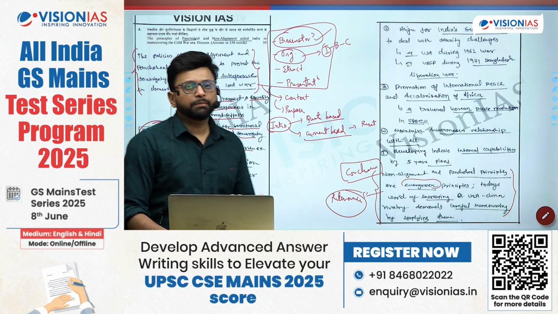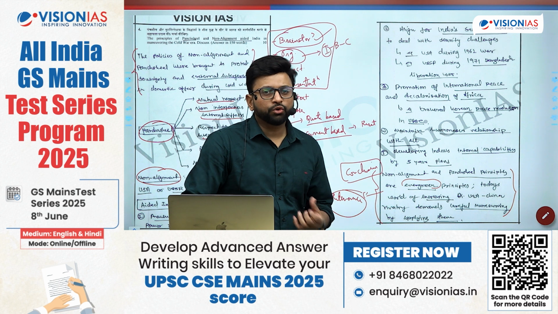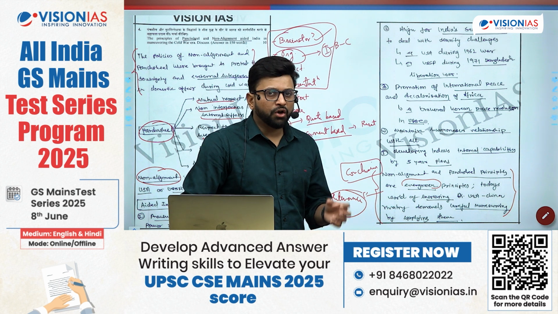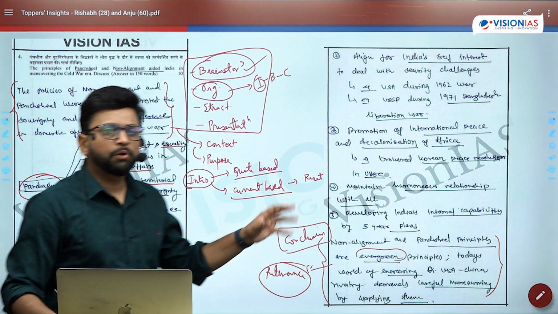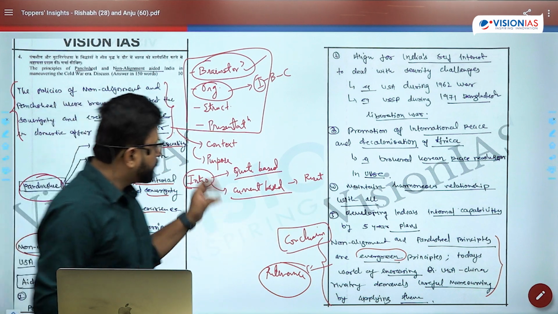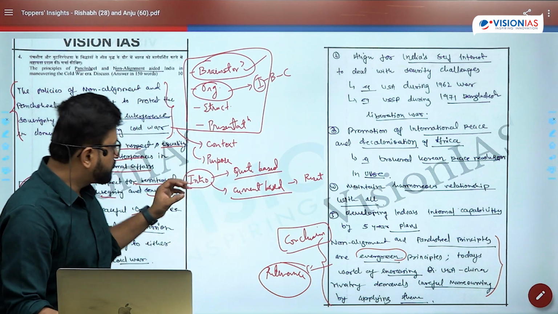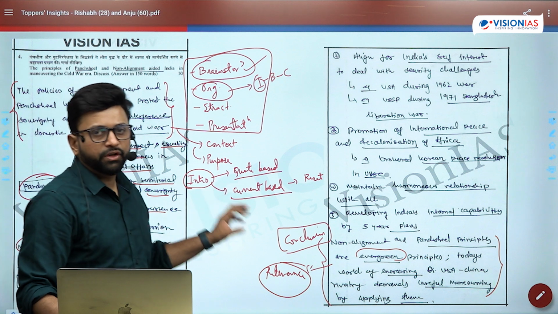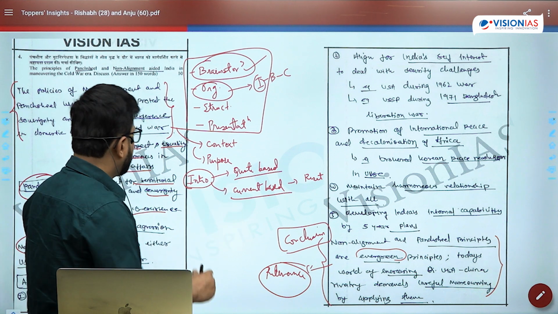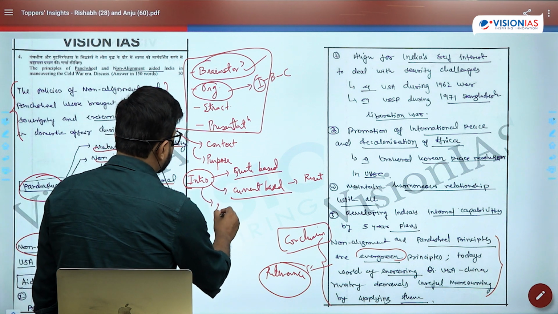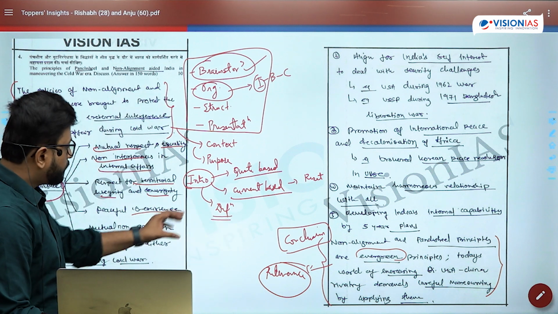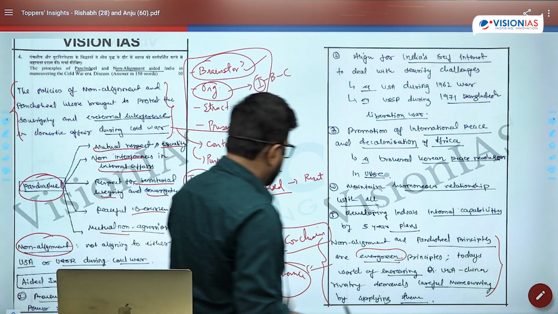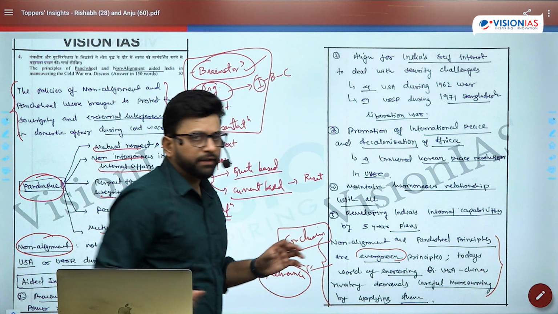Or maybe you can talk about the Bandung principles or the Bandung conference in 1955, of which it was the 70th anniversary, right? So the point is that you can use a quote-based introduction, you can start with a current affairs-based introduction, or maybe you can also start with a definition-based one, which is what the topper has done here.